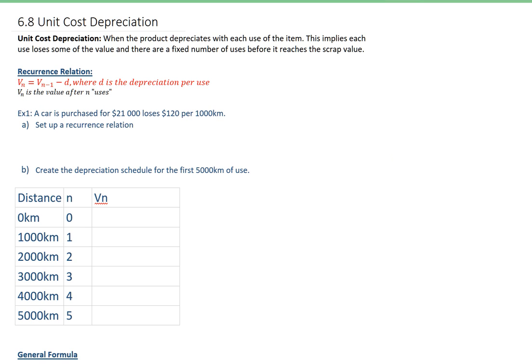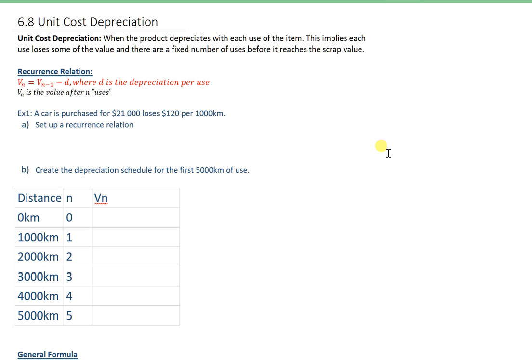So what unit cost depreciation is, it's when the product depreciates with each use of the item. So this might be each kilometer you drive, or each copy that the photocopier spits out, each minute that you use on your phone. Okay, so there's a few implications to this. First of all, it implies that with each use, some of the value is lost.